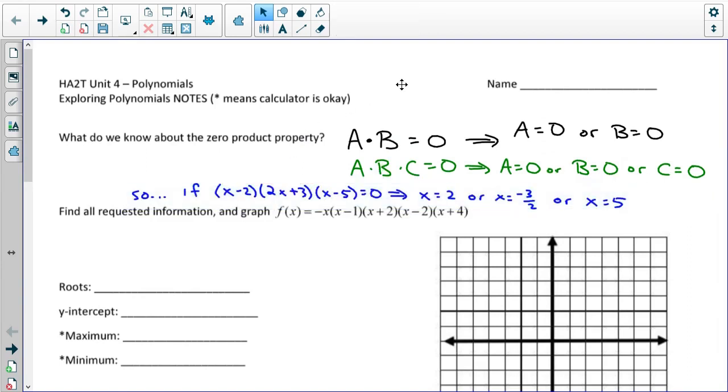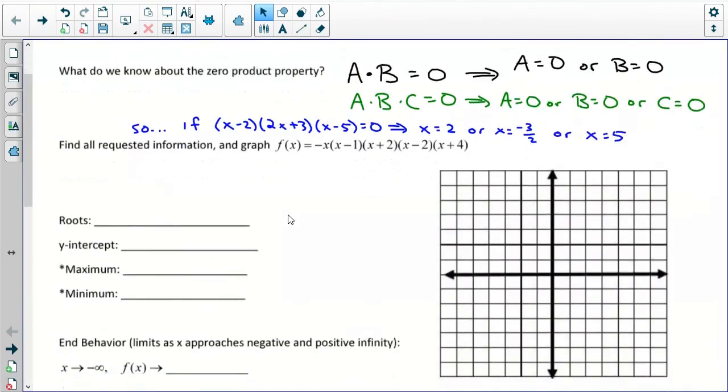And that is a way that we can conclude that if we have something like x minus 2 times 2x plus 3 times x minus 5 equal to 0, then x either has to be 2 in order to make x minus 2 equal to 0, x has to equal negative 3 halves in order to make 2x plus 3 equal to 0, or it has to be 5 to make x minus 5 equal to 0, because one of these three numbers, so to speak, has to be 0 in order for this multiplication to end up equaling 0.